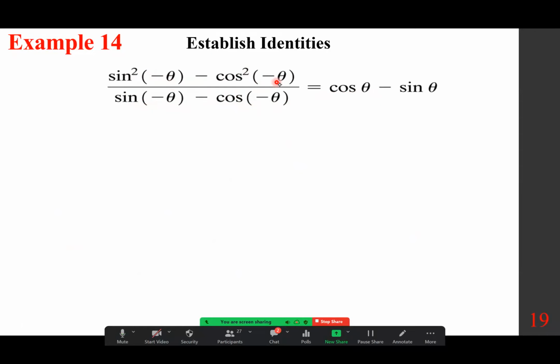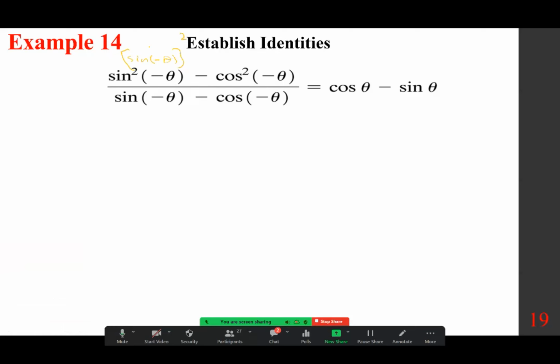So first and foremost, I want to make sure we understand this means sine of minus theta to the second power. Let me just write one of them so you see what happens. The meaning of this is sine of negative theta to the second power. So I want to discuss that and we can figure out the rest of it.